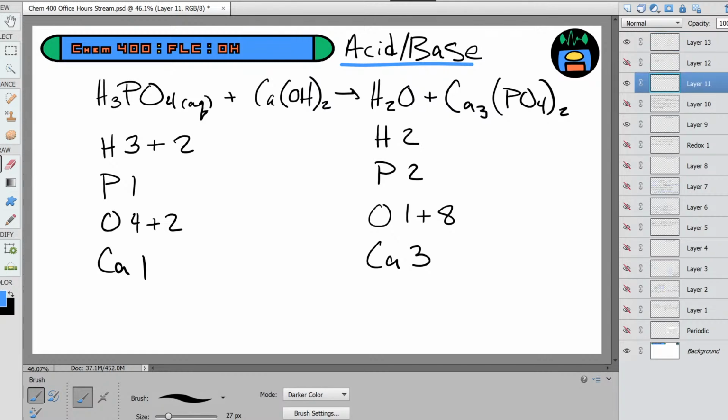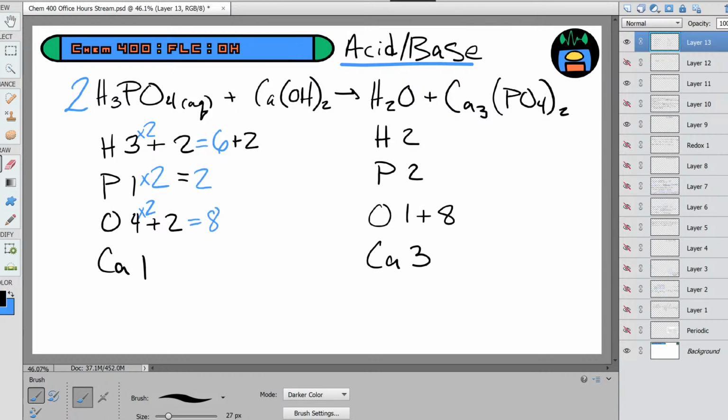I'm going to begin by balancing phosphorus, which will also change our oxygen and hydrogen counts. Now phosphorus is balanced. I'm going to next balance calcium. Doing so will also affect oxygen and hydrogen.